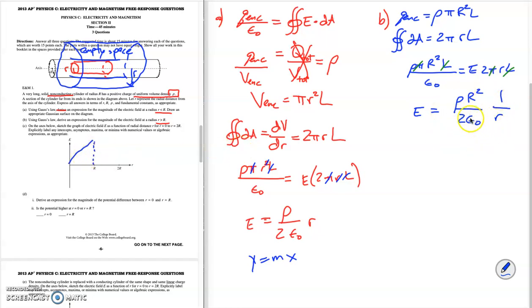And then on this side, we have rho big R squared over 2 epsilon naught, which is, again, a constant. And then our variable is 1 over r, which is 1 over x, which gets us an inverse curve. All right, let's get all this stuff out of the way, and we'll look at part D.